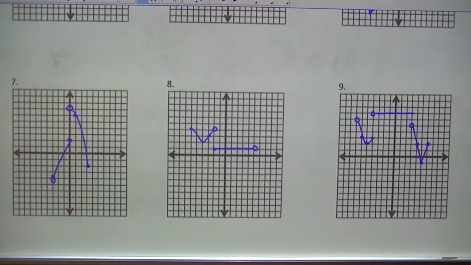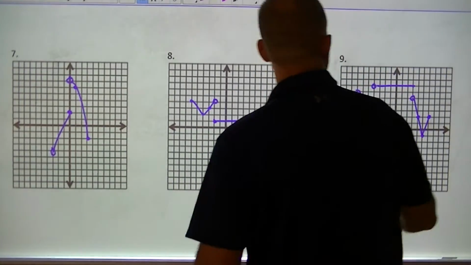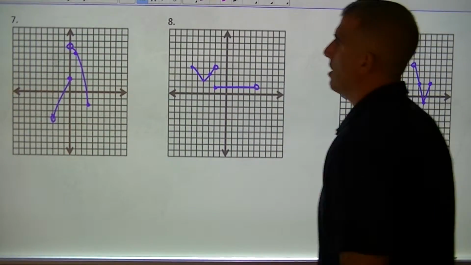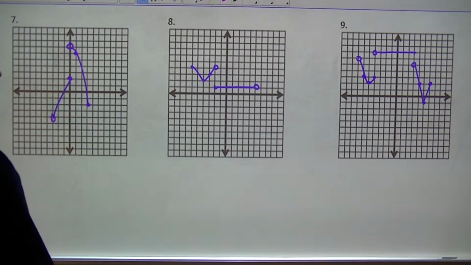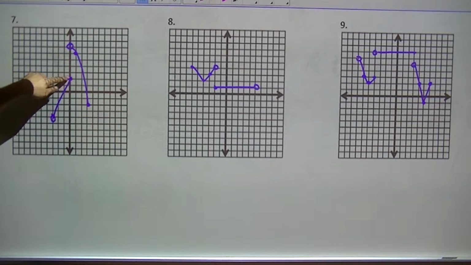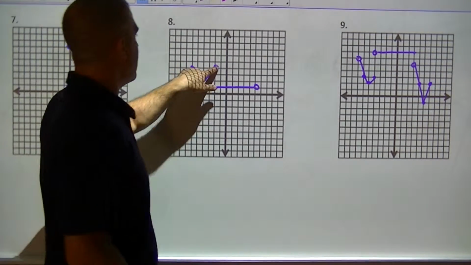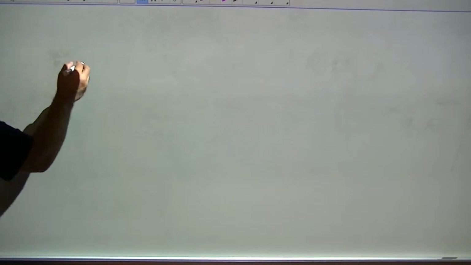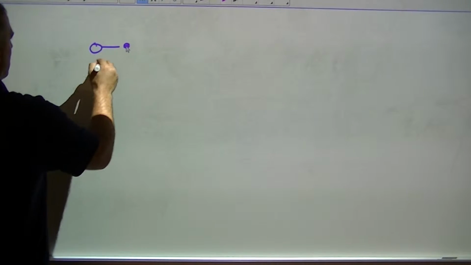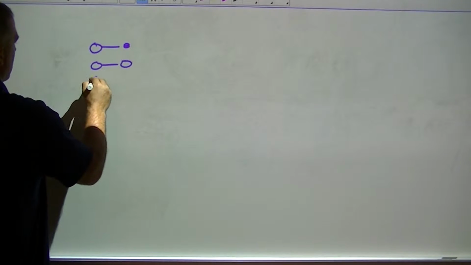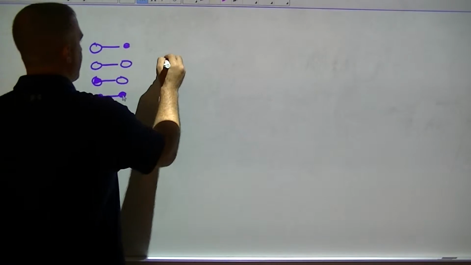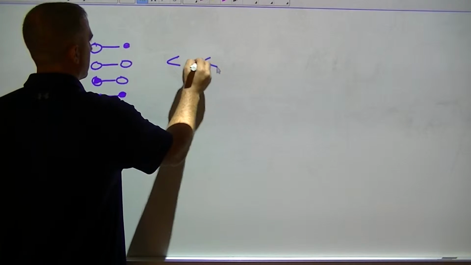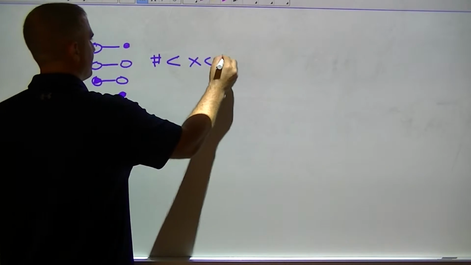Okay? Now, where most people had most of their issues was with the piecewise functions. What you have to understand about piecewise is that when it ends with dots, whether it's this, or this, or this, or this, you have to have the inequality with a number.